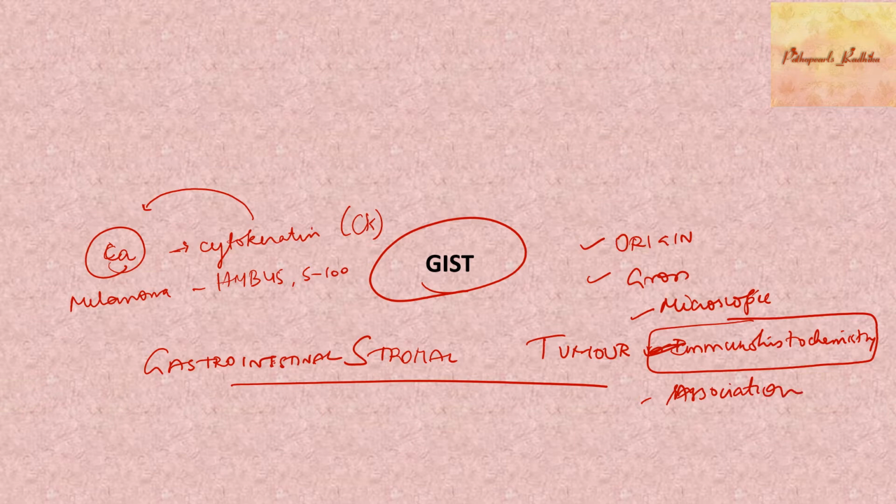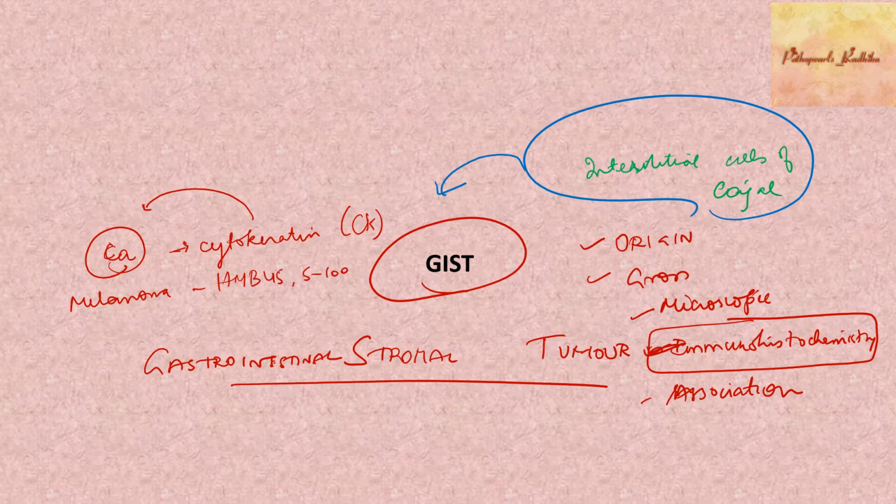In your stomach or intestine, you have a pacemaker cell called the interstitial cells of Kajal. These are the cells from where your GIST, your gastrointestinal stromal tumor, originates. So the origin of GIST is from the pacemaker cells, also called the interstitial cells of Kajal.